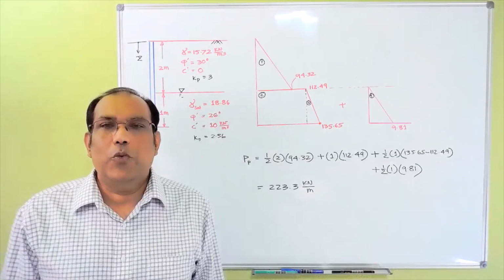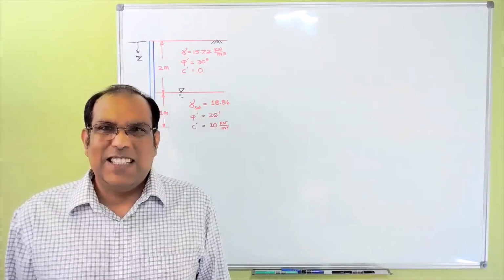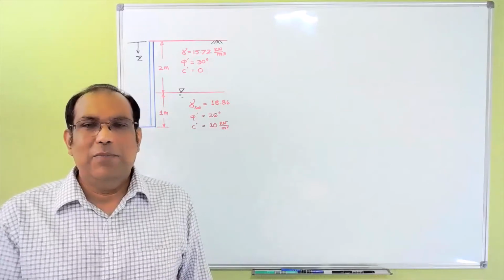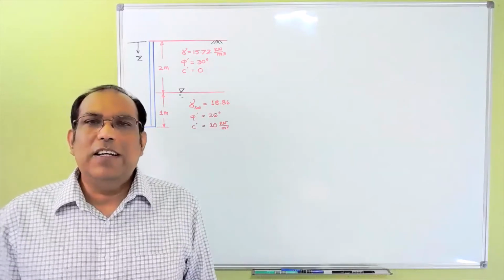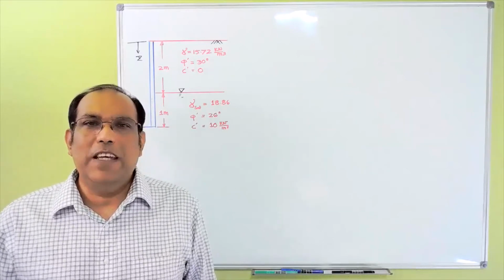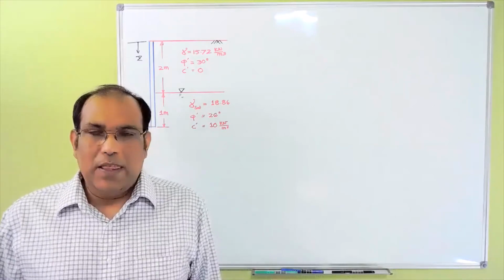Now let's move forward. So this is the drawing for problem number 6, okay, which is basically the same problem like what we did in problem number 5. Only difference here is like we have to find out the passive force per unit length of the wall following Coulomb's method.